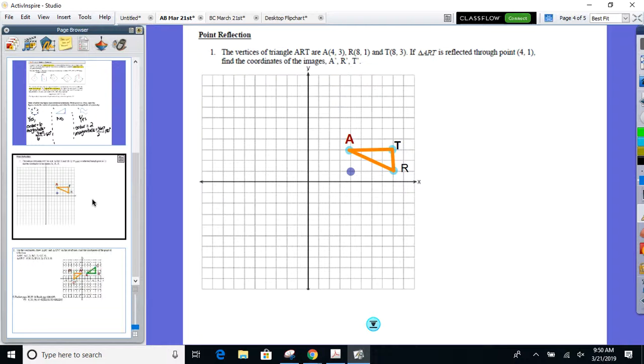Everyone's got ART drawn. I'm going to reflect it through 4,1, this point right here, 4,1. Thoughts? Just go, right? What, Billy?